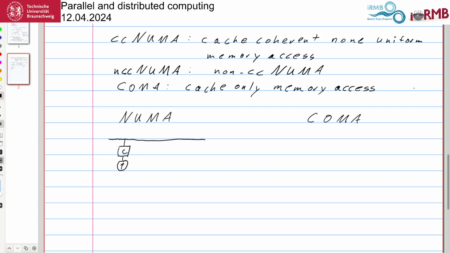This is the bus. So here you have your memory, and the memory needs to be connected to a directory, which we physically could draw inside the cache because it's probably physically in the cache.